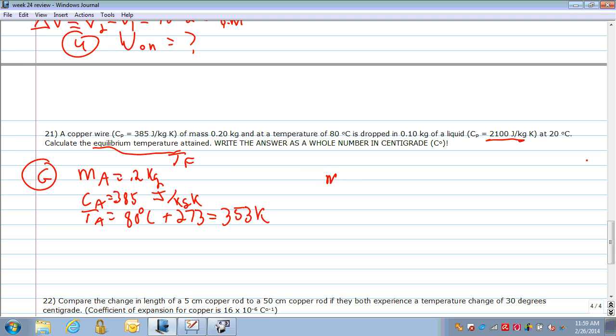Our other mass is our liquid that's not water, and it is 0.1 kilograms. Its C is equal to 2100 joules per kilogram K, and its initial temperature is equal to 20 degrees C, which again we have to add 273 to. This makes 293.